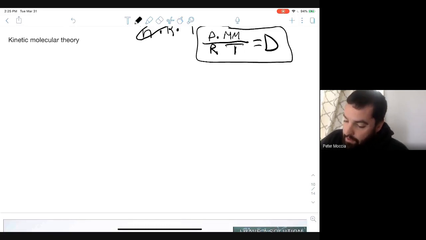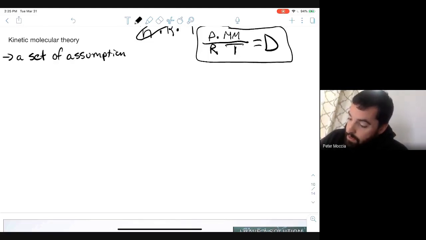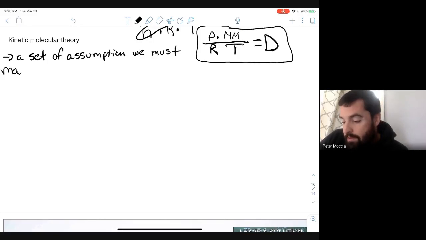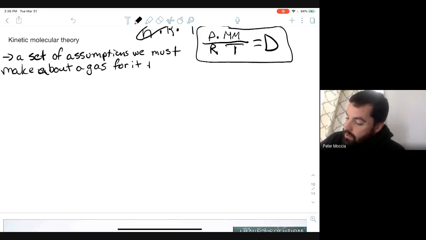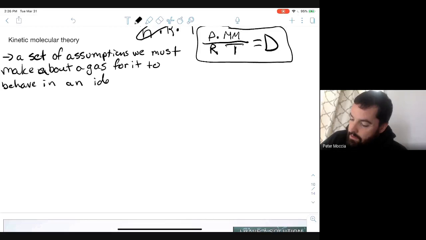So kinetic molecular theory is a set of assumptions we must make about a gas for it to behave in an ideal manner. Okay?